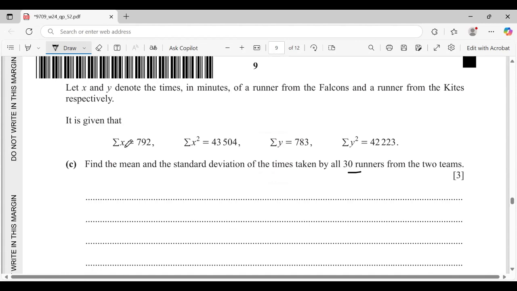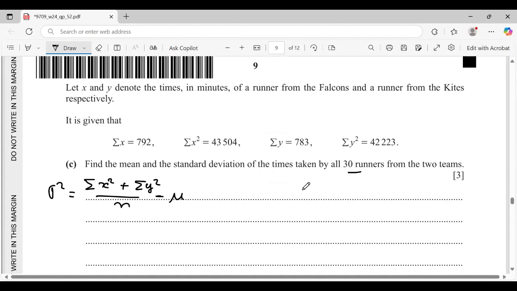Right. Variance formula equals sigma x squared plus sigma y squared over n minus mean squared. But we are going to find mean first. Wait, I'm going to write it here.